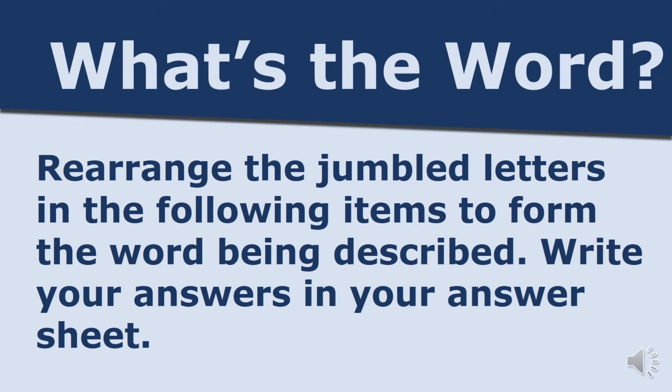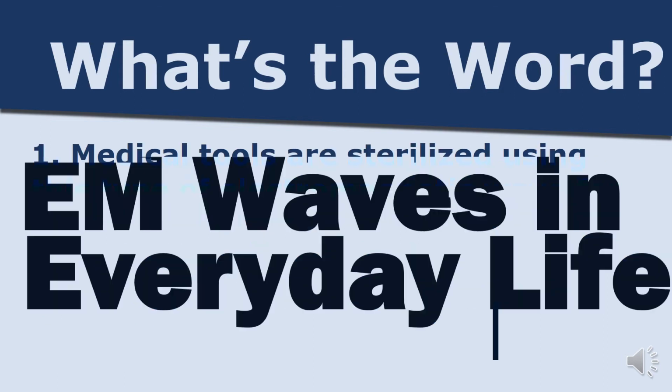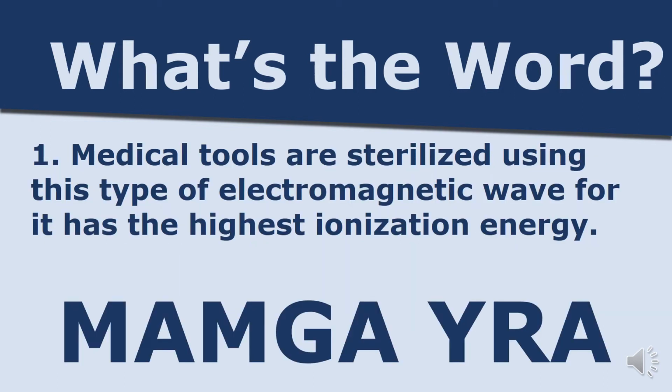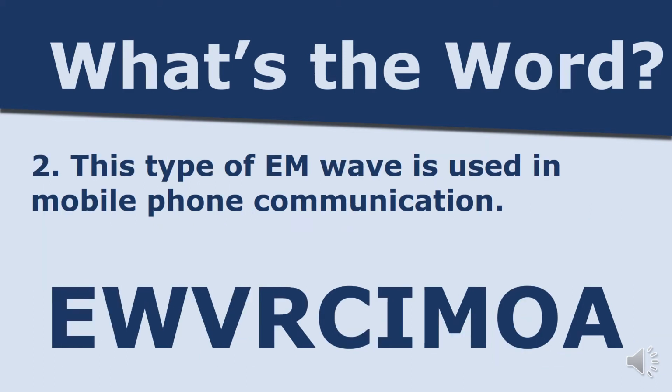What's the word? Rearrange the jumbled letters in the following items to form the word being described. Write your answers in your answer sheet. Number 1. Medical tools are sterilized using this type of electromagnetic wave, for it has the highest ionization energy. Number 2.